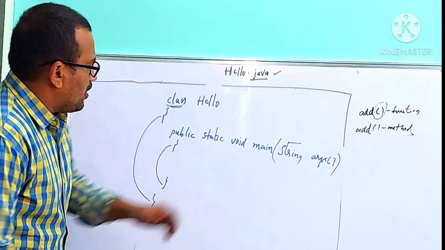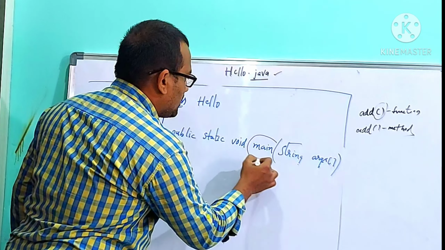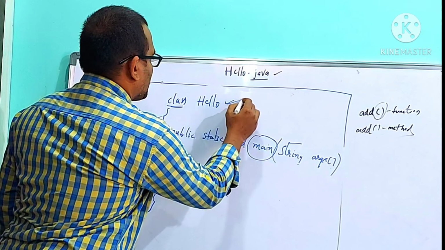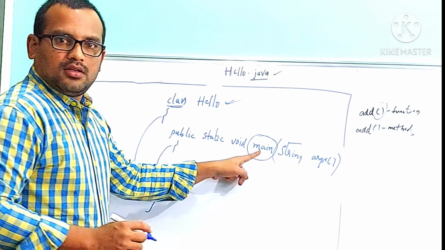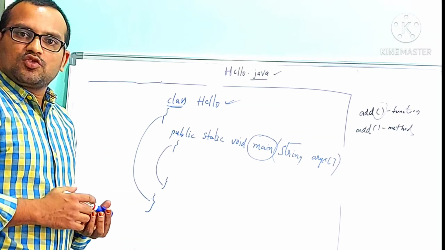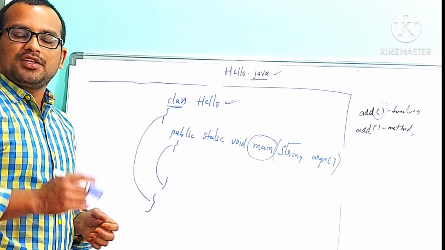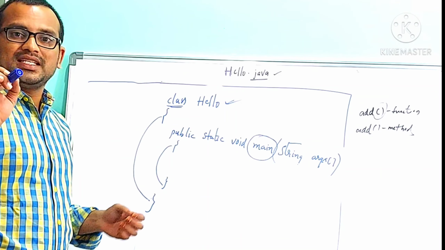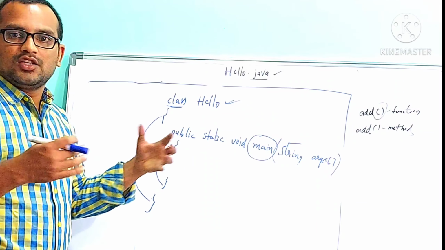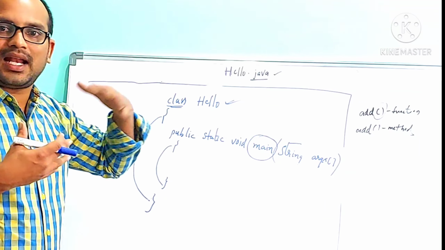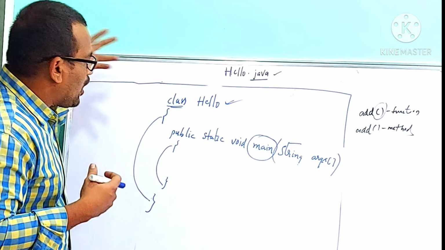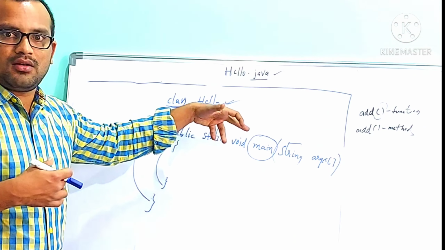This main method exists inside the class. JVM is going to execute this program, and JVM executes only the main method which is available inside the class. So JVM exists outside the class, and it is going to access the main method, correct or not?